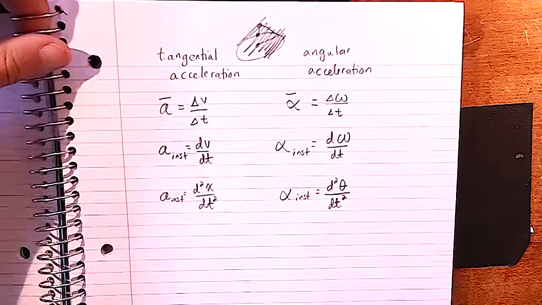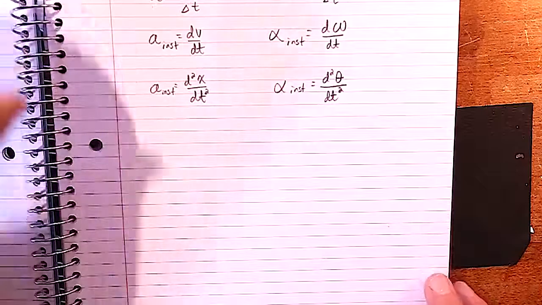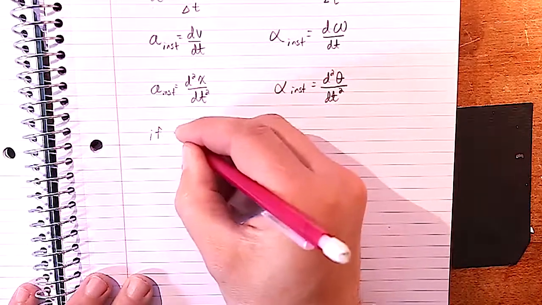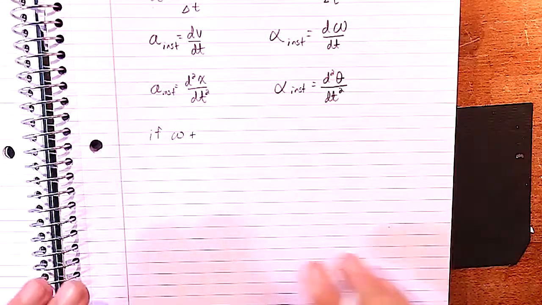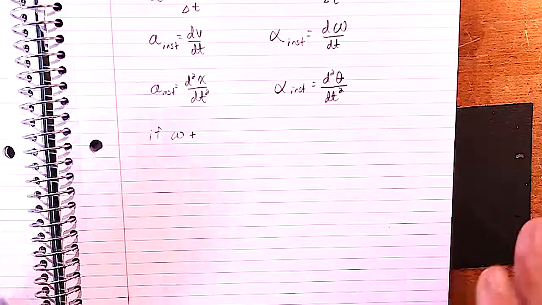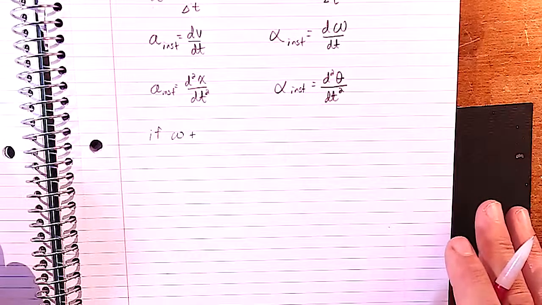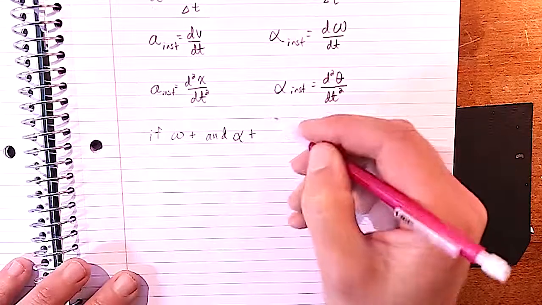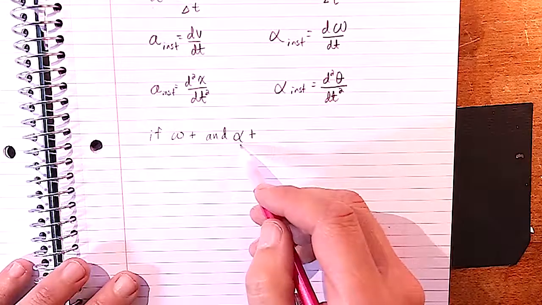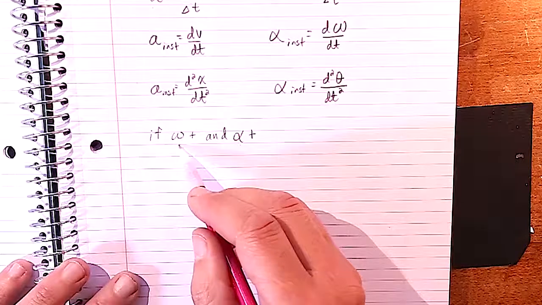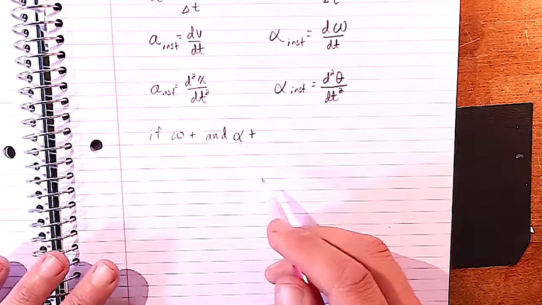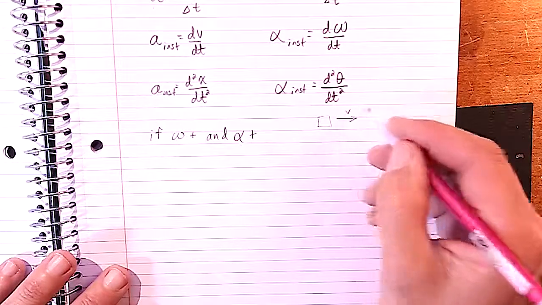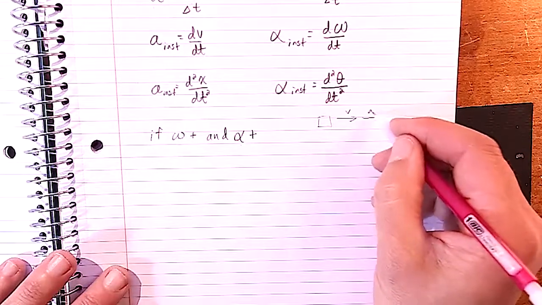So let's just write something down here in terms of direction, okay? If omega is positive, now we get to choose what that is. We could say clockwise spinning is positive, and alpha comes out positive. Well, what does that mean if alpha is in the same direction as omega? Well, this is the same idea as when we had a block which has a velocity to the right and an acceleration to the right.